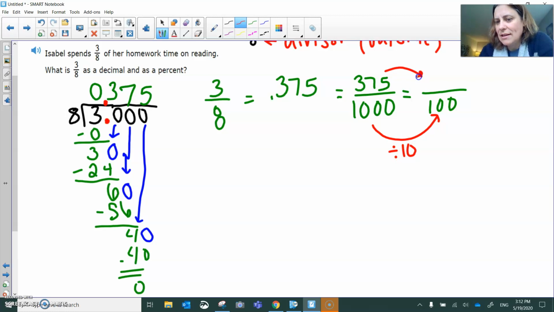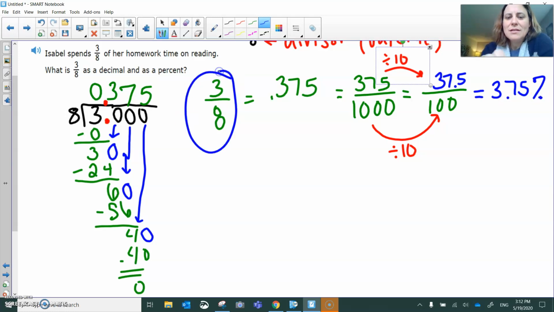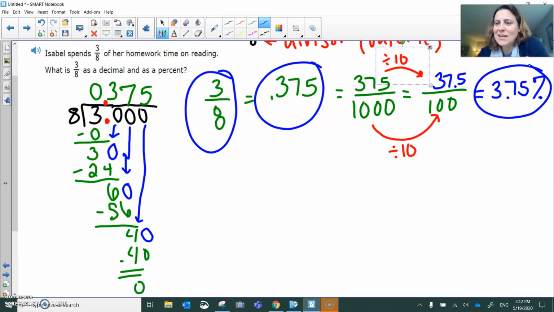So we've got to divide this number by 10 also. And 375 divided by 10 is 37.5. And as soon as you have a number over 100, you know that that number is your percent. So 3/8 is 0.375 or 37.5%.